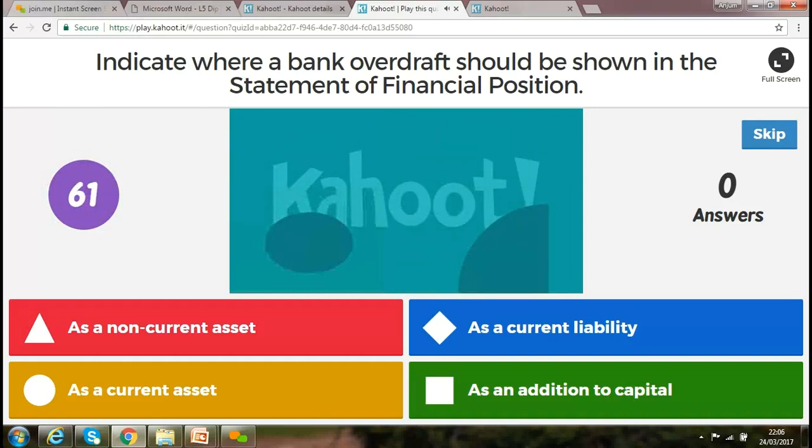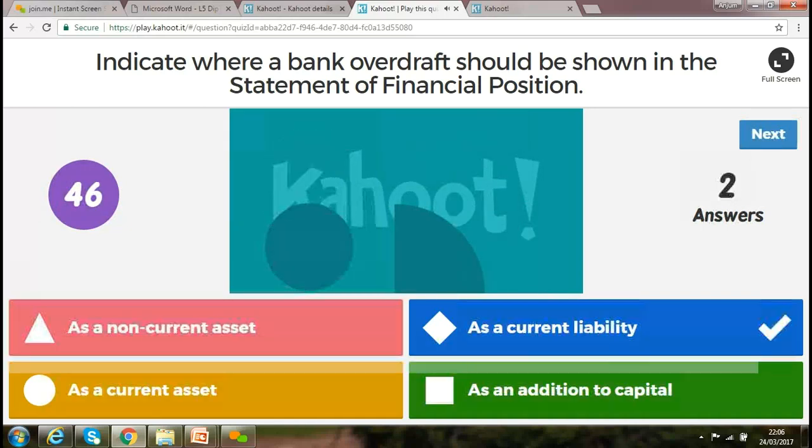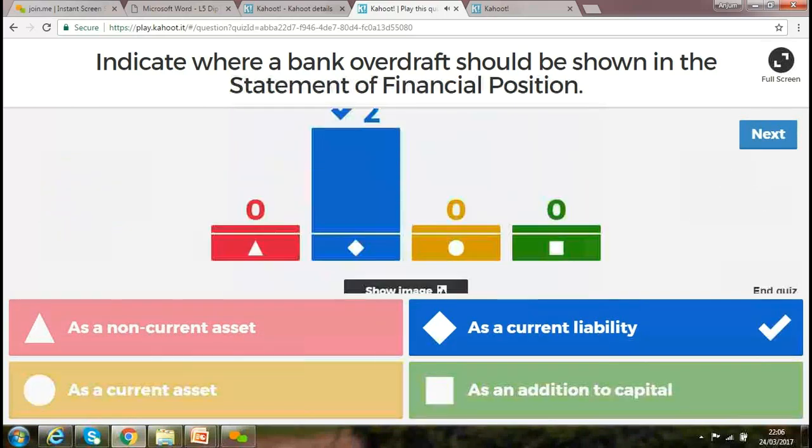Is it our liability? Liabilities. Okay. What type of liability? Is it current? Okay, well done. Good, well done. Current, overdraft is our current liability because we have to pay within 12 months. Yes, overdraft is for a short period of time.